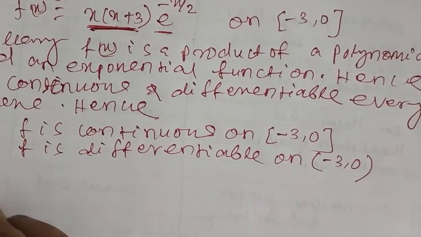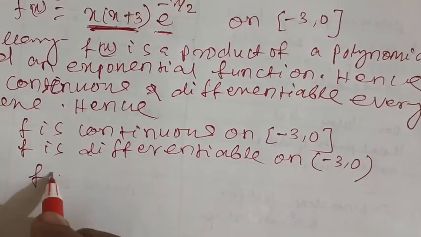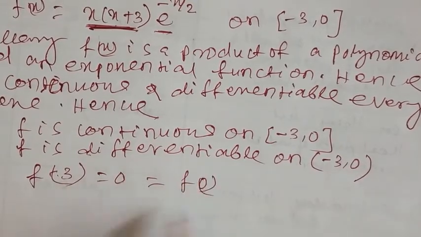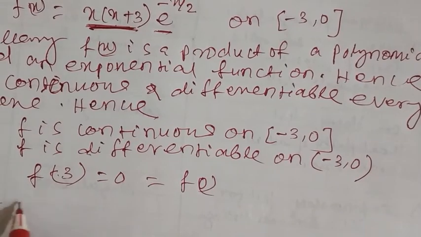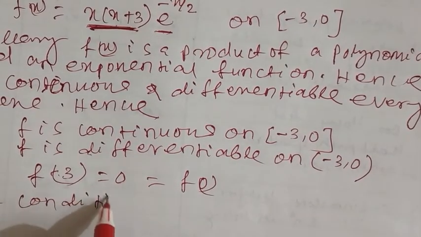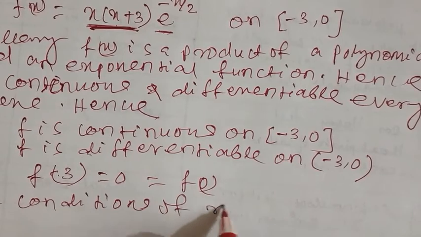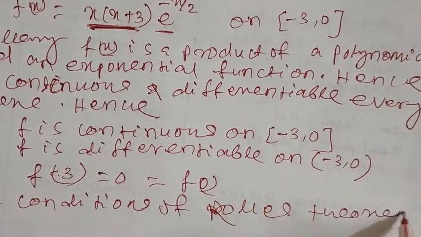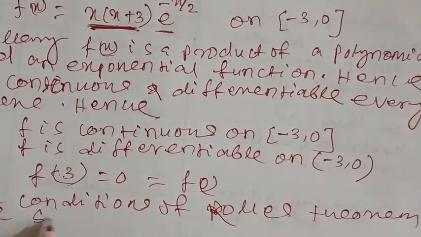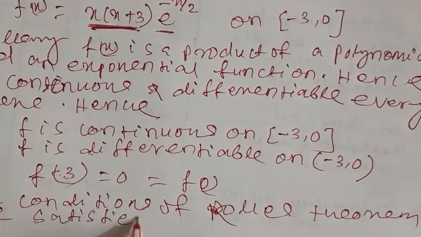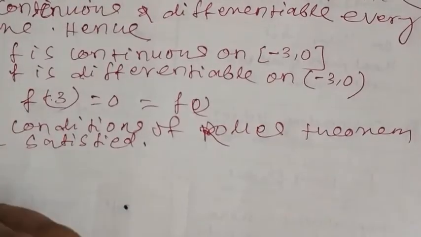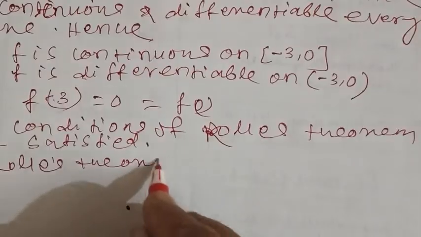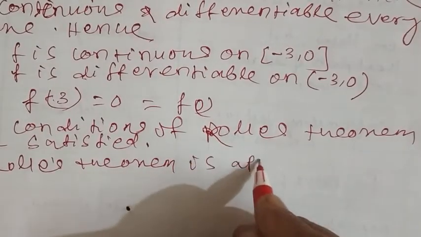Again, our third condition, what is f(-3)? Obviously it is 0. That is same as f(0). Thus, the conditions of Rolle's theorem are satisfied. Hence, Rolle's theorem is applicable.